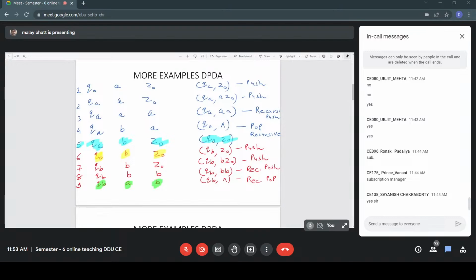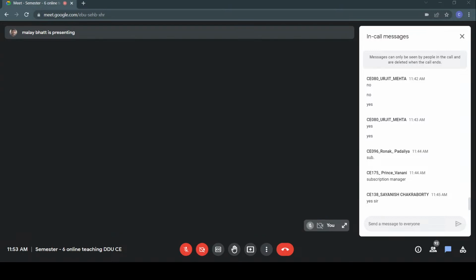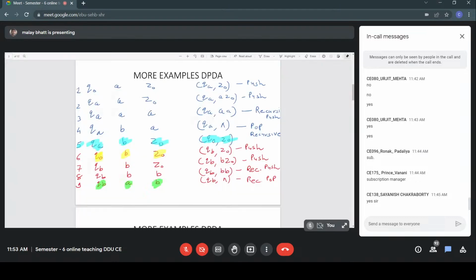So now we need a pop rule also. We have QB, A, B. It is QB, AB. So it will cancel out A and B, and we'll get QB null.